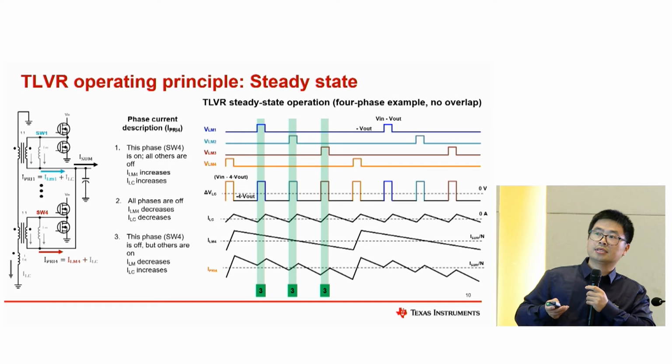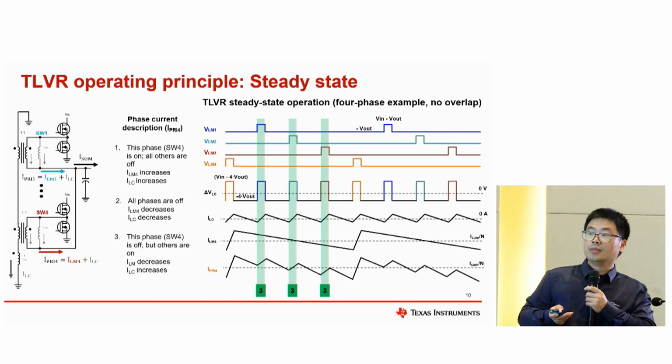But for the LC inductor here, we can see the voltage is this. So we can see that the LC inductor current frequency is about 4 times the switching frequency of each phase.